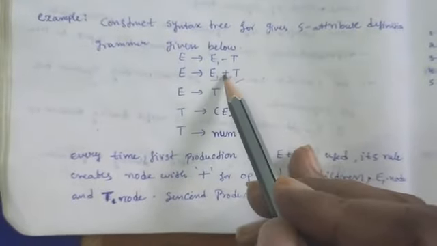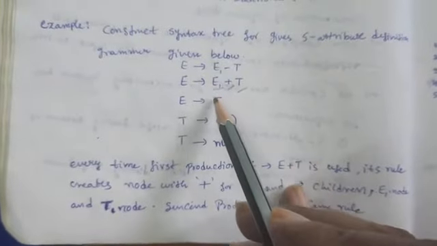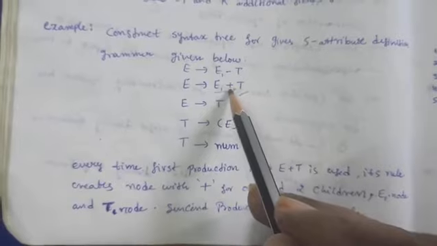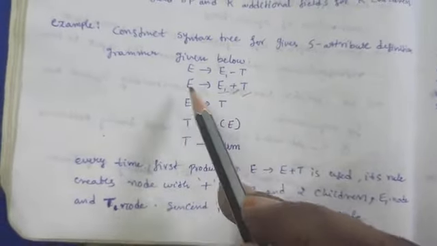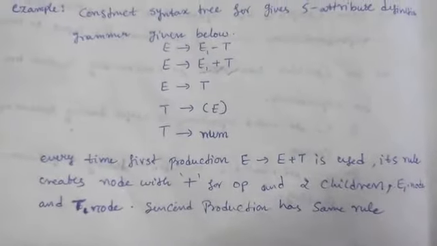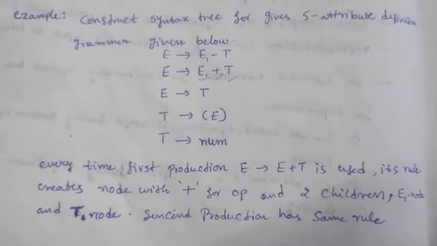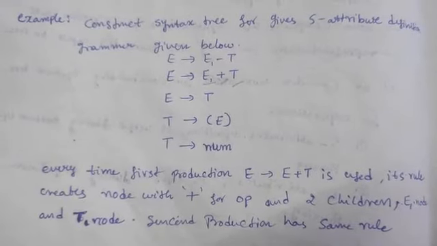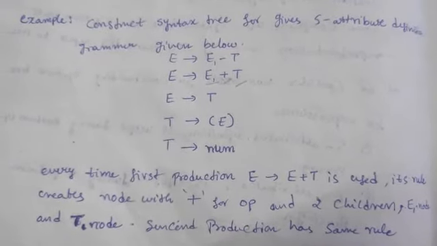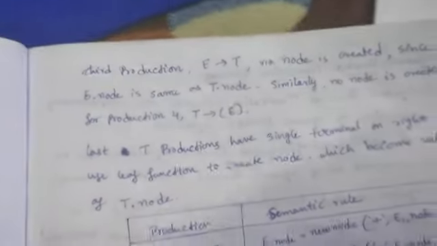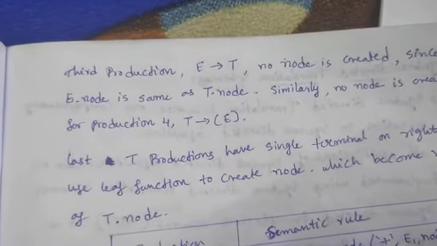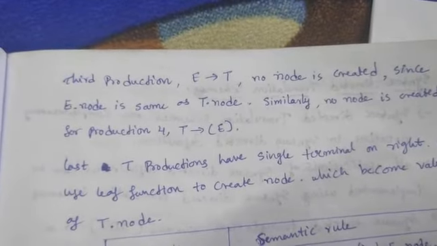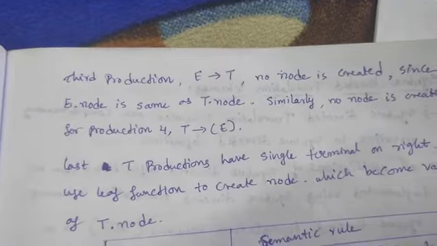We need to add children 1 and children 2 with the notation plus, and the result should be copied to E. So whenever we use a plus operator, we need to add two elements: the first is E1 plus E2, and the result will be copied to E. Same way, if we are using E → T, the T value is simply copied to the E value.